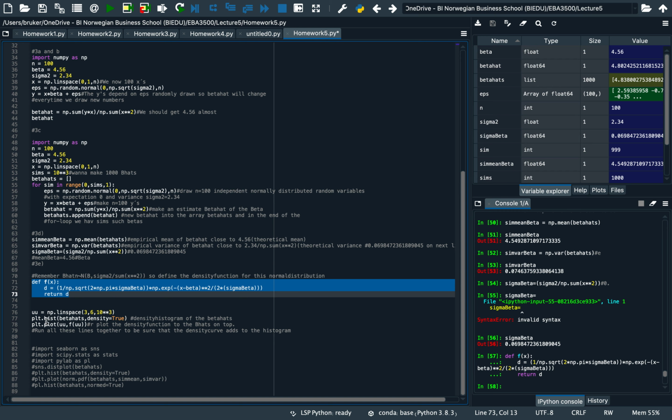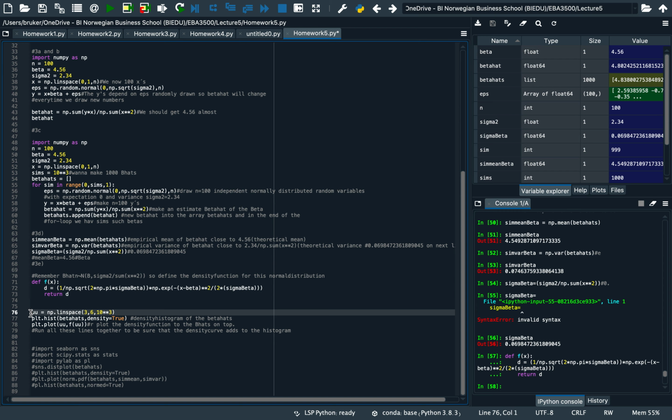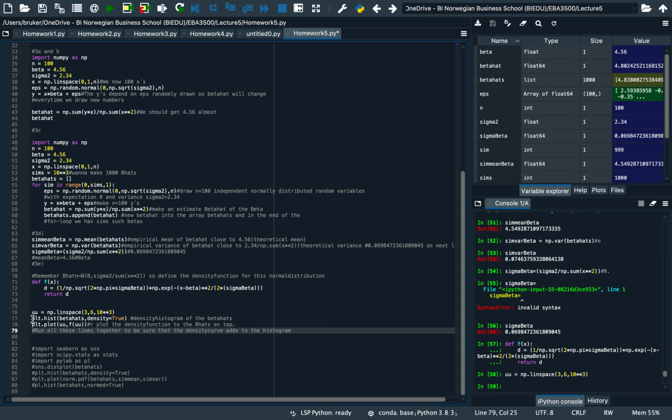So I actually choose to make this density curve for betas from 3 to 6. So that's what I'm doing here. So that I run. And then I just plot the histogram of all these 1,000 beta hats, which I have in this vector here. And I plot the density curve on top of that. So let's see what we get.